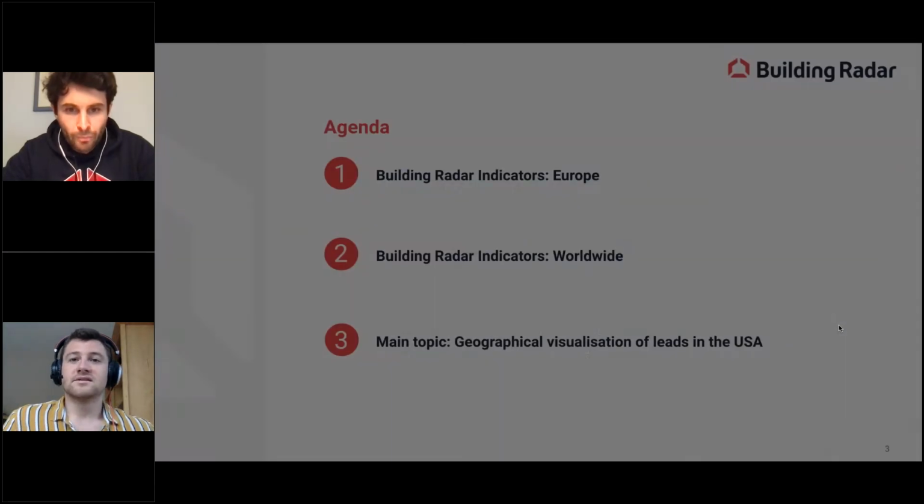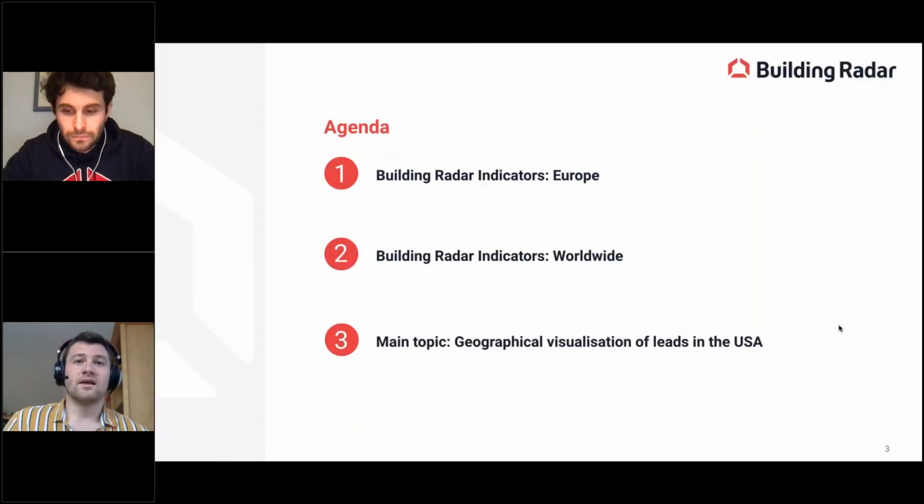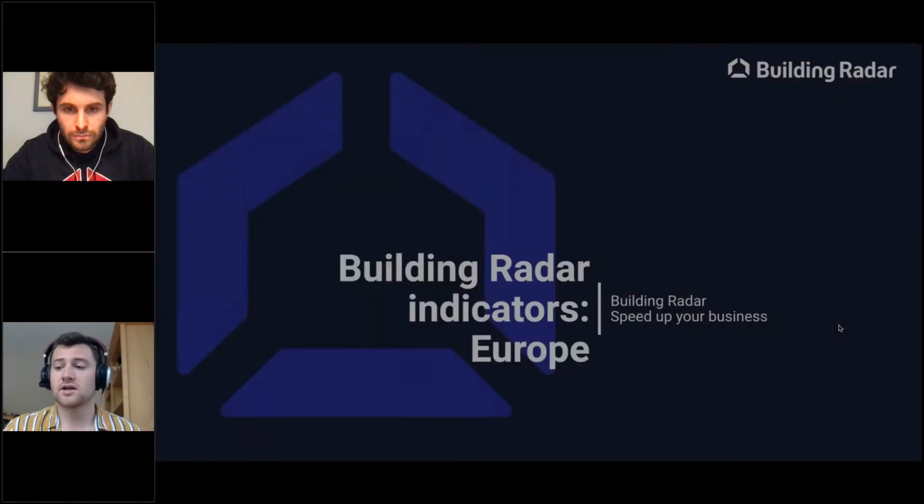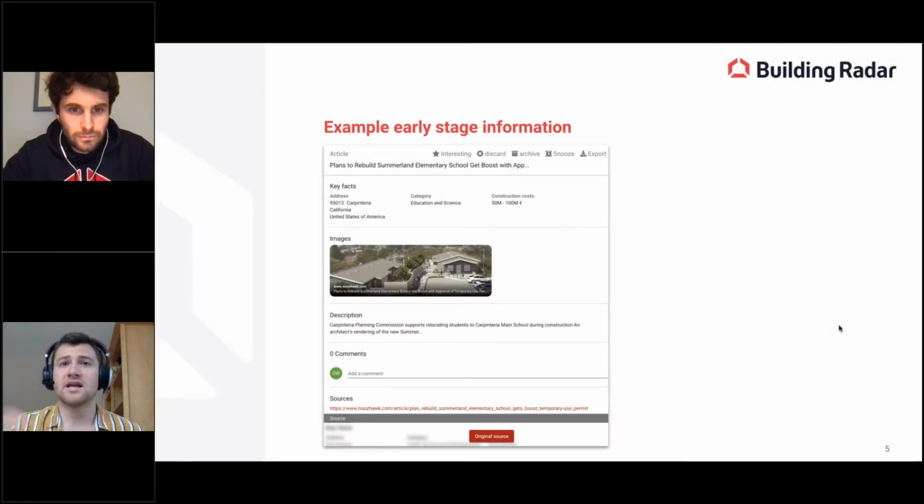Yeah. So when we look at our indicators, Building Radar, we're a lead generation platform for construction companies and building suppliers in the construction space. Our real strength is helping companies discover, qualify, and win new business earlier than before. So here is a perfect example of our early stage information.